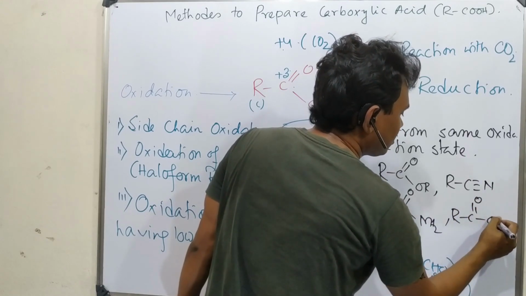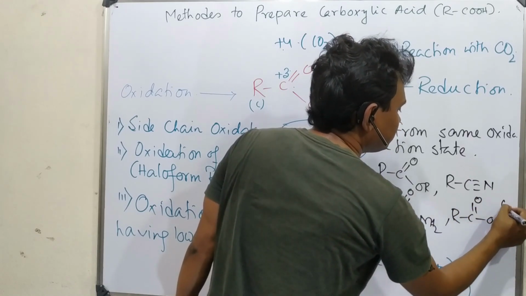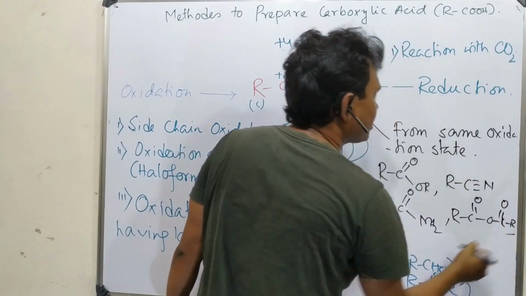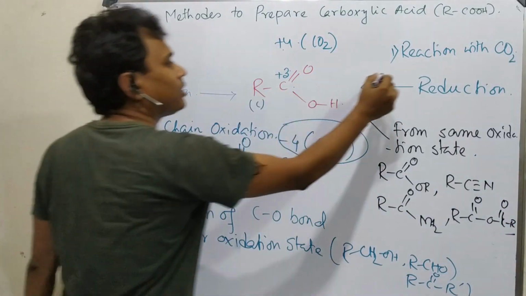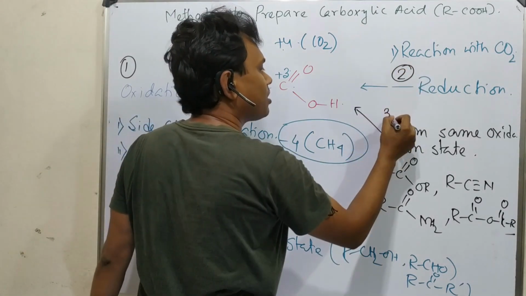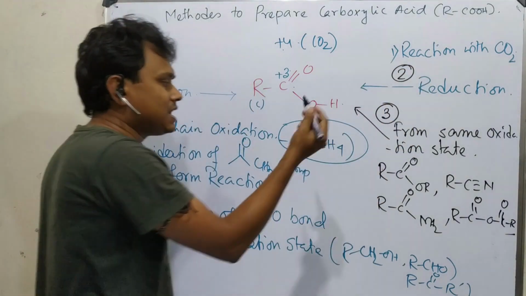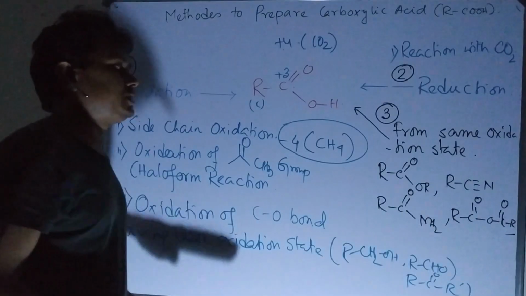These are not that important, I believe. Parts 1 and 2 are mainly important. Part 3 is not that important because these are the carboxylic acid derivatives.